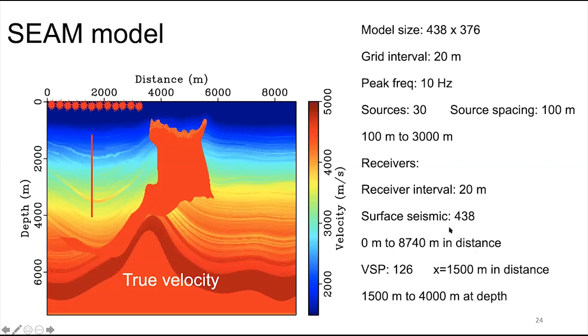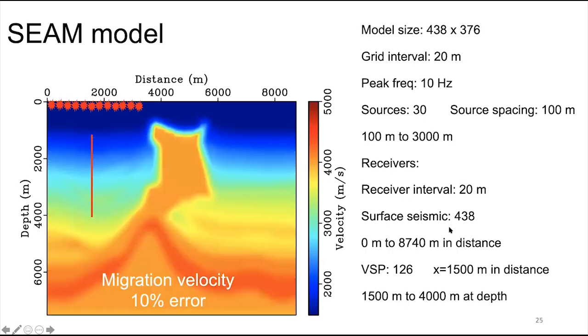For the VSP survey, there are 126 receivers at x equals 1,500 meters in distance, from z equals 1,500 meters to z equals 4,000 meters at depth. The receiver interval is 20 meters. The migration velocity model is built by applying a 21-grid Gaussian smoother to the true velocity model and scaling with a factor of 0.9. The bulk velocity errors are 10%.